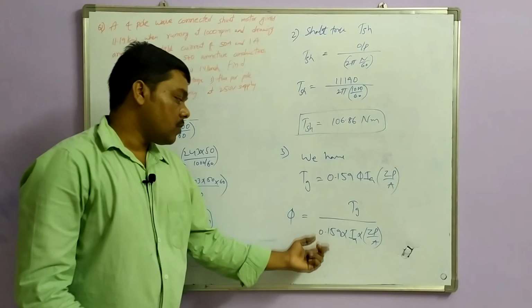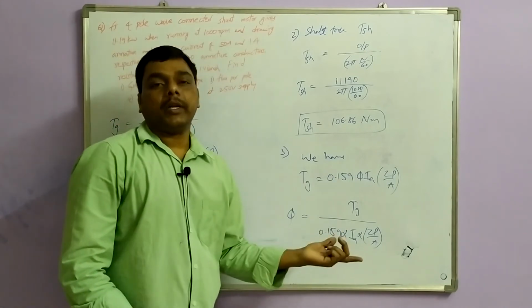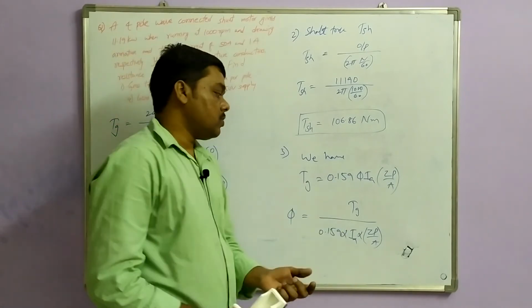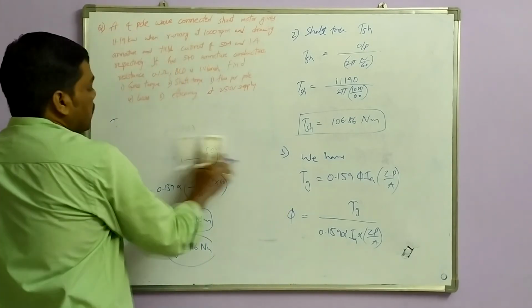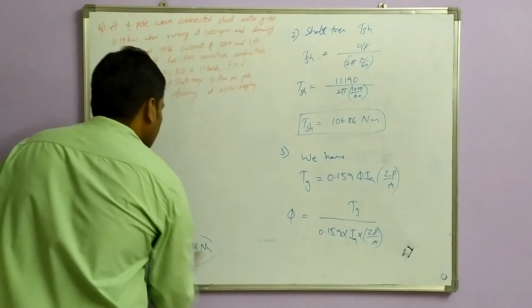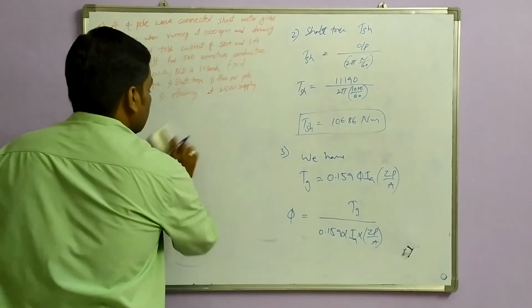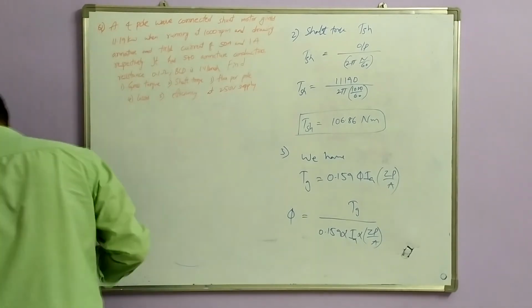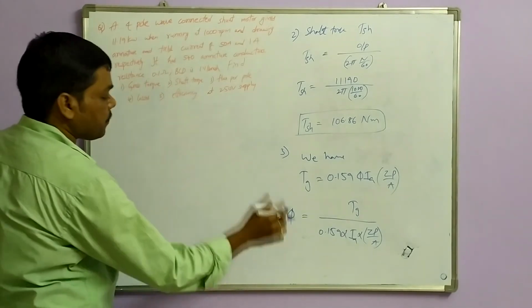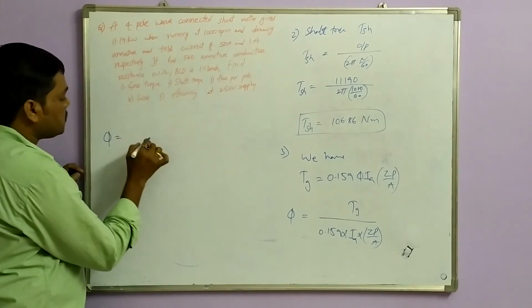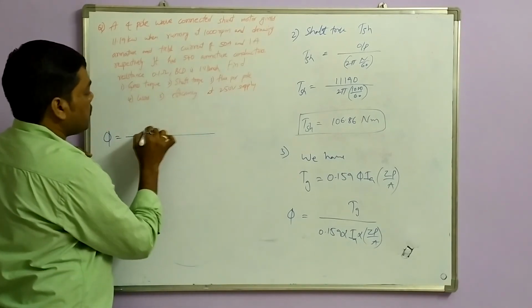You can go for 1 by 1.5, it may be 2 pi. We can substitute here. Now I'm going to calculate the flux per pole value by substituting all these quantities here. Now flux is equal to the Tg value.